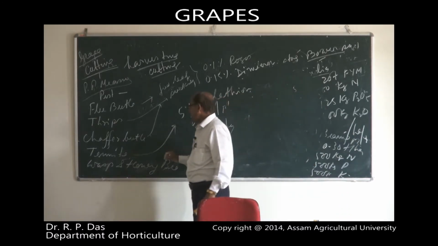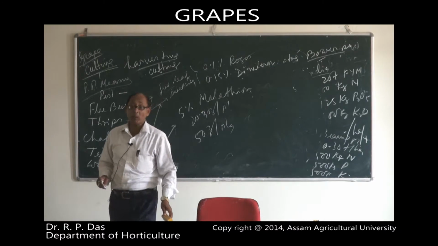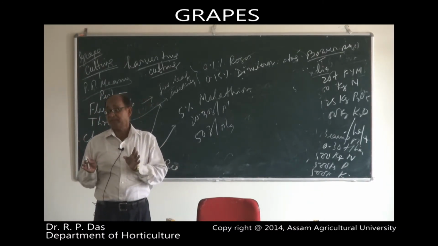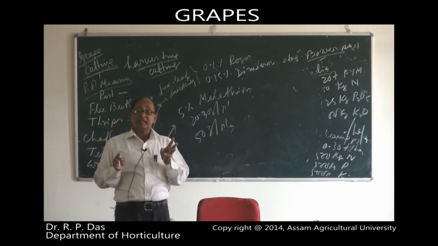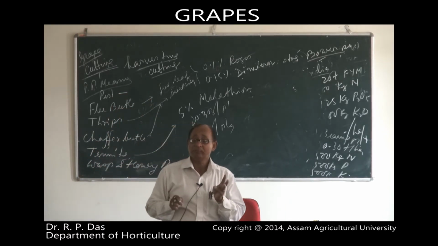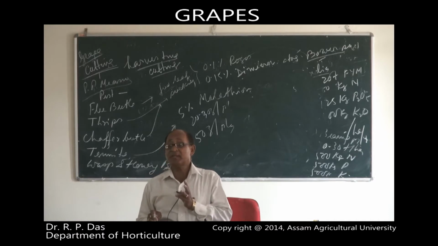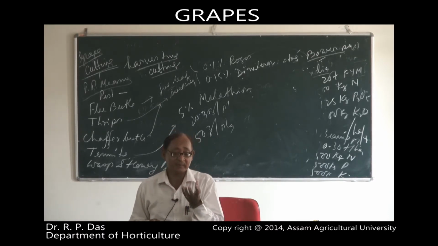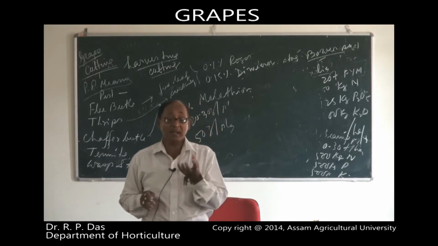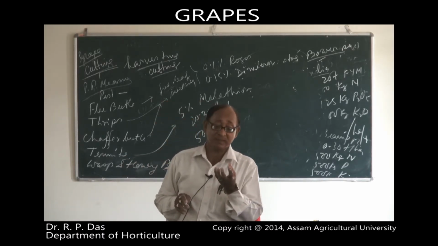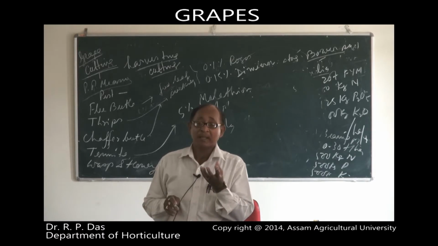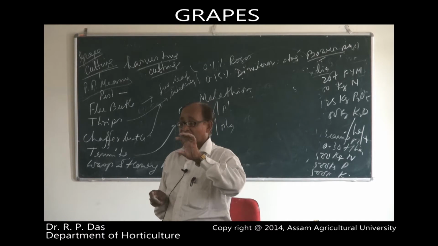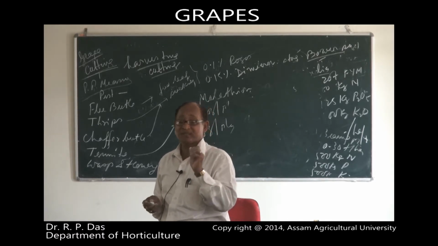Then wasp and honeybee: when there is an attack of wasp and honeybee, you need not spray any pesticides, because this is also one type of maturity index. Means when the berries are soft, color break, that is known as veraison stage, soft, swollen, and this becomes sweet and tasty.